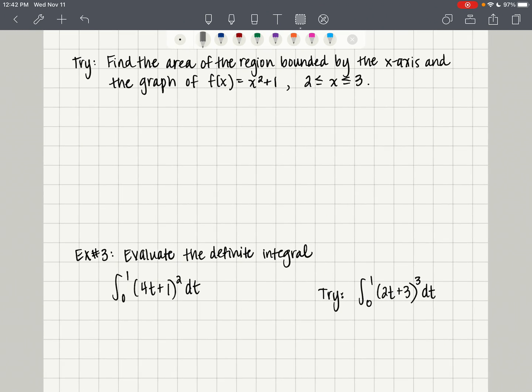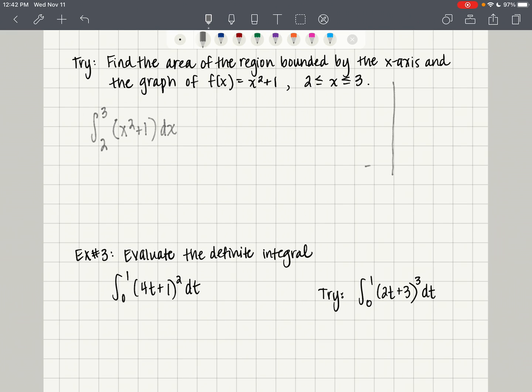Okay, here's one for you to try. Okay, we have the integral from 2 to 3 of x squared plus 1 dx.